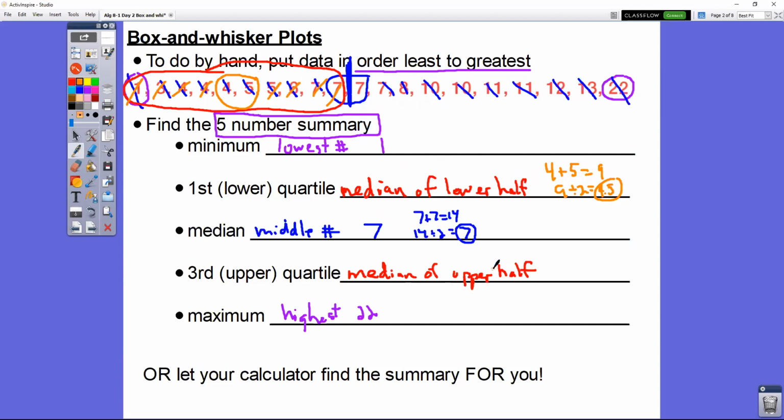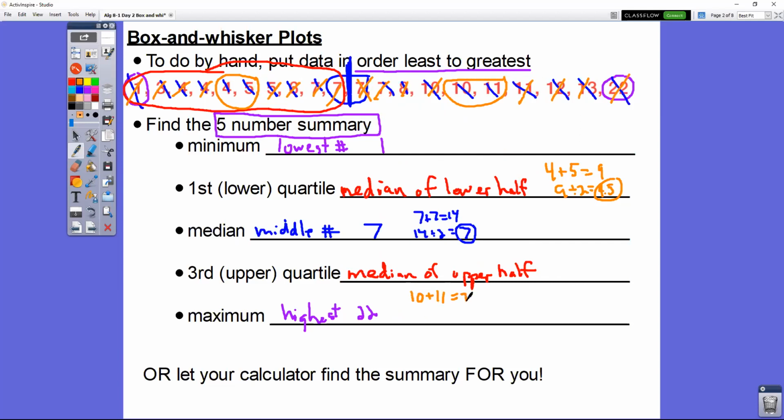We're going to do the same thing for the median of the upper half. Cross off your first and your last, your first and your last. We're working our way towards the middle. For this one, we end up with 2 numbers in the middle, 10 and 11. Again, what number is halfway in between 10 and 11? Halfway in between 10 and 11 would be 10.5.